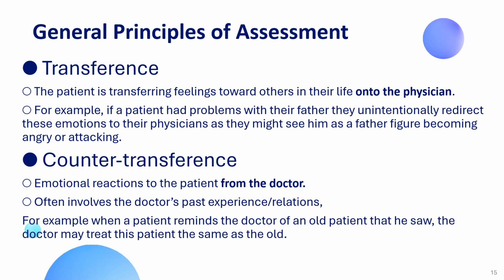For example, if the person is having a good image of his father, then that image can be projected upon the physician. This transference can be negative or positive, both. One can have a good image of the assessor, or one can have a negative image of the assessor in case of delusional thinking. One can see the assessor as a threatening person.